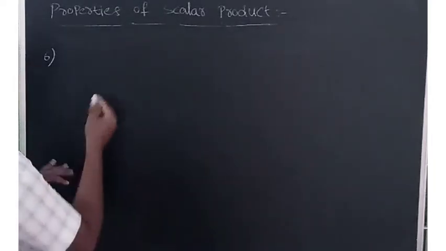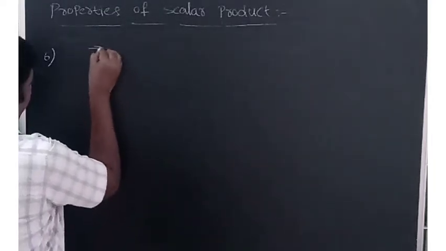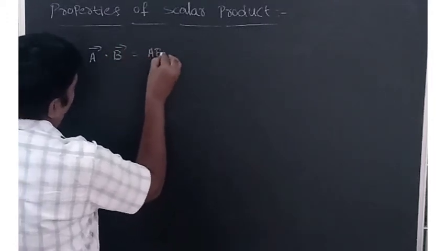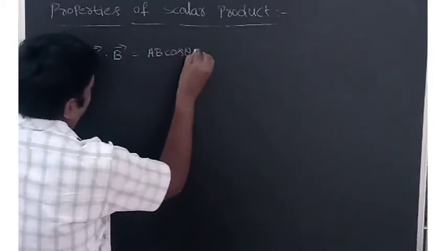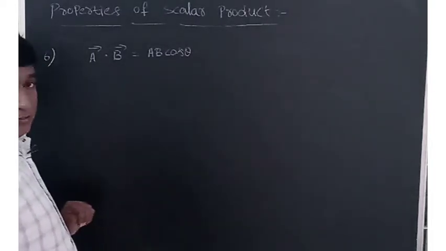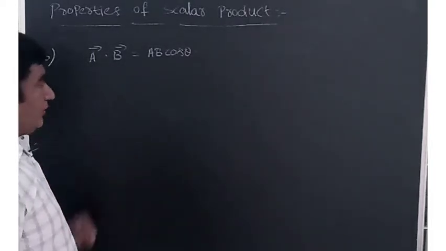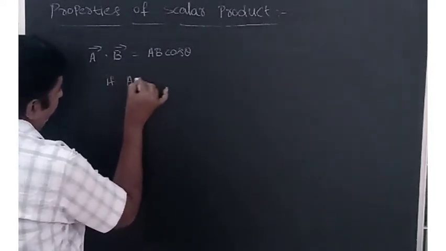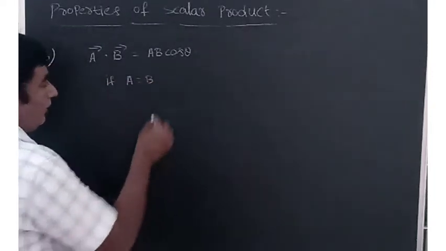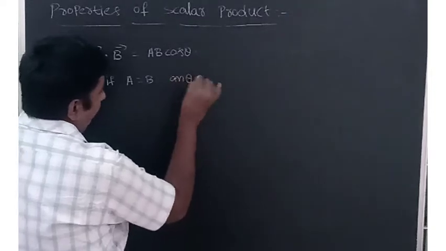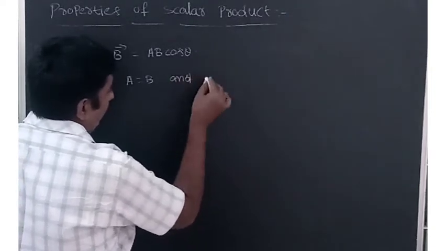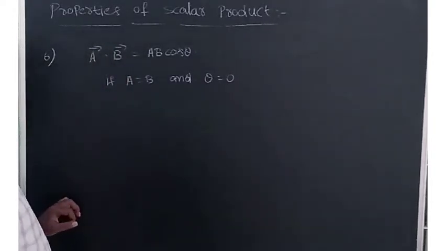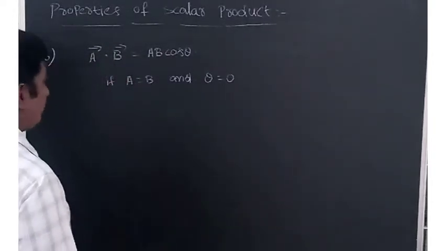Next, A vector dot B vector is equal to AB cos theta, which we have said. In this case, if I assume A is equal to B and theta is equal to 0, what am I going to get?